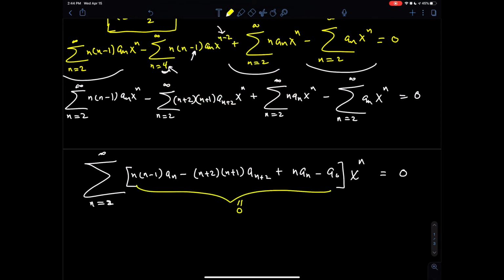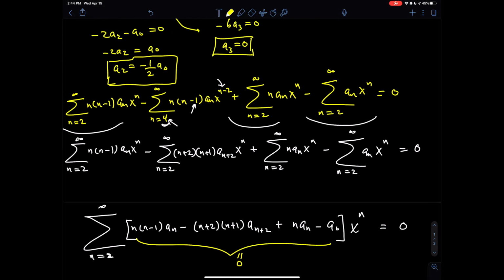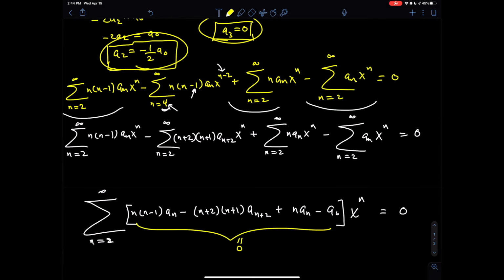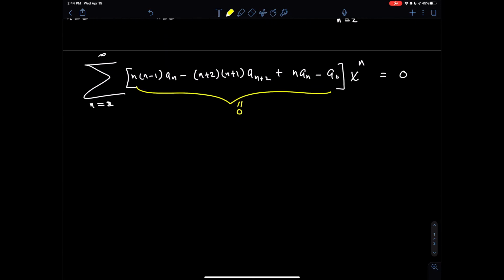So I need to try to find out for different values of n, set that equal to 0, and for different values of n, try to find out all the constants I need so I can have the solution to my differential equation. So I already have 2 of them solved for here. So don't forget, you have those 2 pieces of information, and then the rest you're going to get from here. So I will have to solve this for the highest subscript, for a.